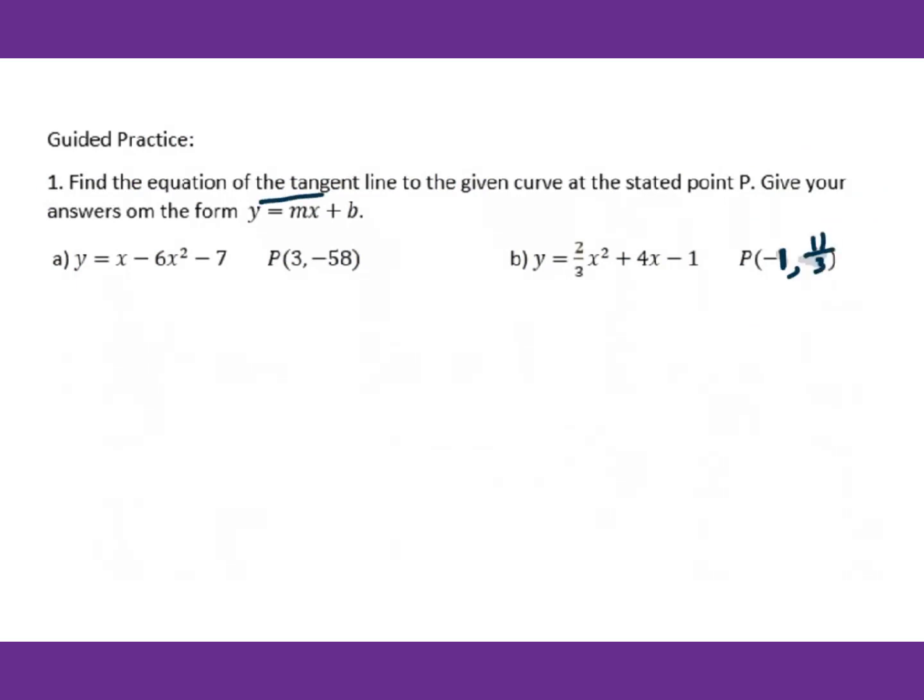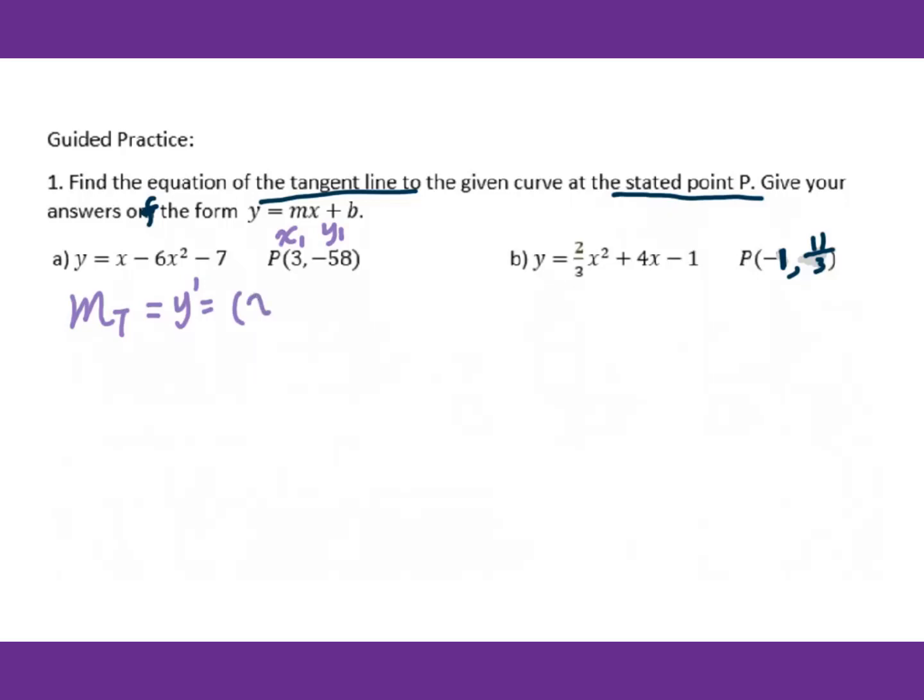Find the equation of a tangent line to the given curve at the stated point P. Give your answers of the form y equals mx plus b. So for A, we are given this is x1, y1. We need to get the slope of tangent line. That will be the derivative.